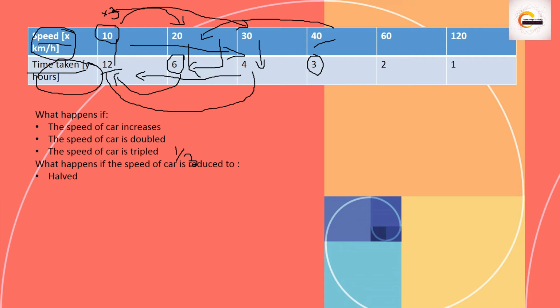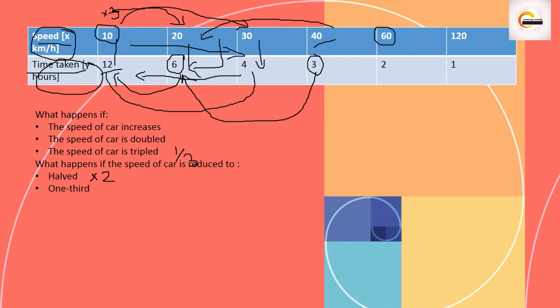Initially it was 3. Now that we have reduced its speed to half, 3 multiplied by 2 is 6. So the time is increasing and the time is doubled.